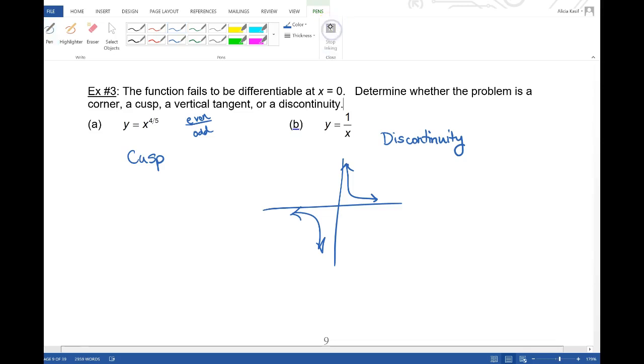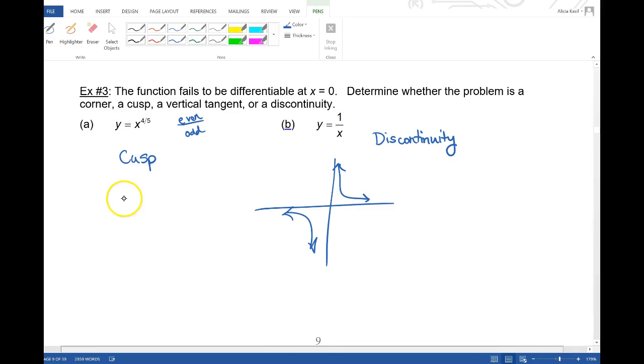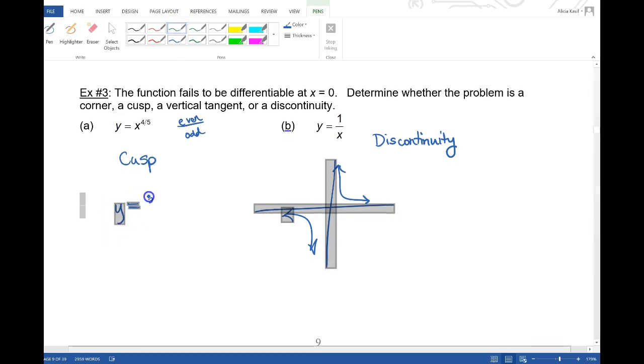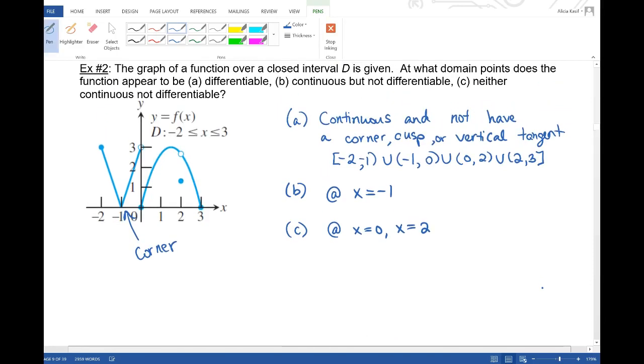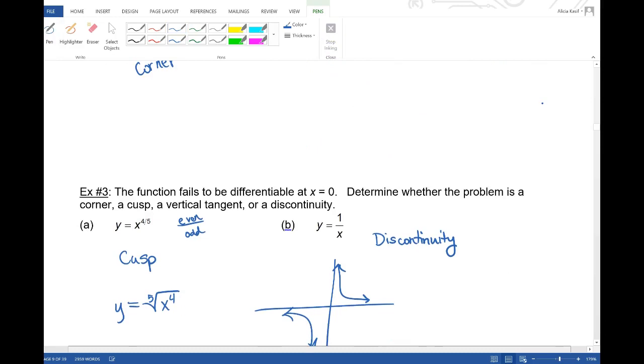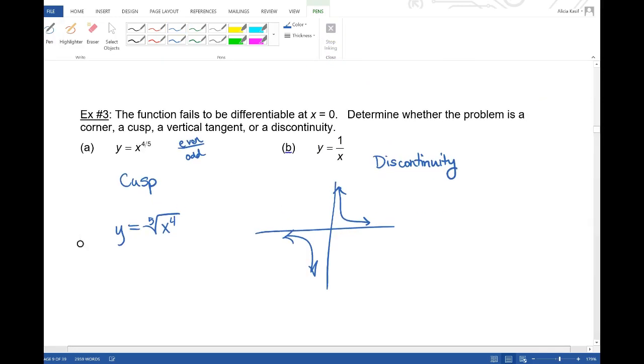Okay? Yes? For the cusp, does the x have to be to a power or no? Wouldn't that be the 5th root of x to the 4th? Yeah, that's okay if it's written that way.